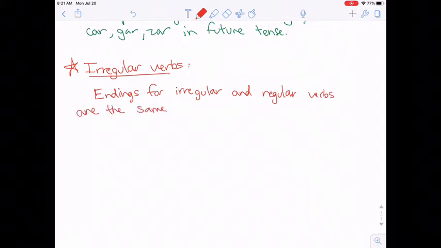So you're going to be using the same exact endings that we just used for the regular verbs and the irregular verbs. So those endings up top are super important because those are the only endings you're using for the future tense. Okay?